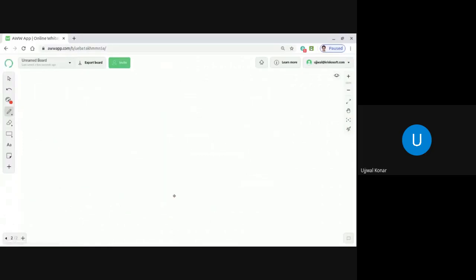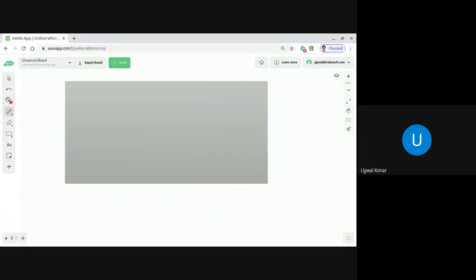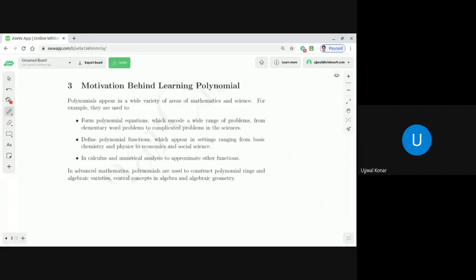So, as you see, dear students, polynomials appear in a wide variety of areas of mathematics and science. For example, they are used to form polynomial equations, which encode a wide range of problems, from elementary word problems to complicated problems in the sciences.